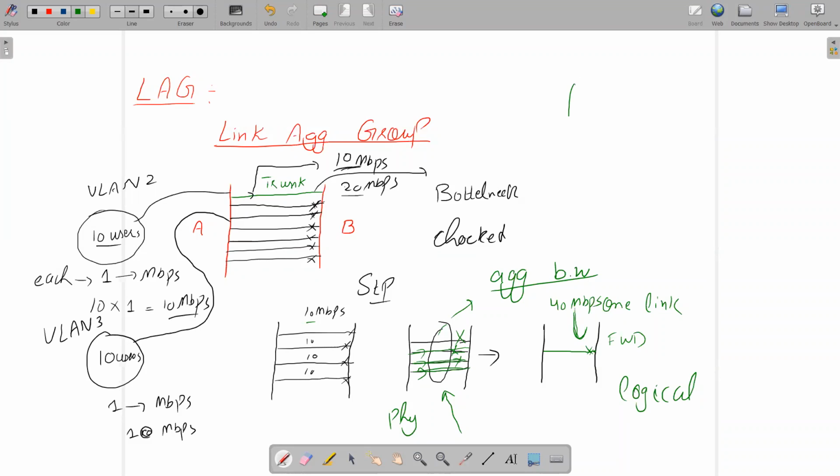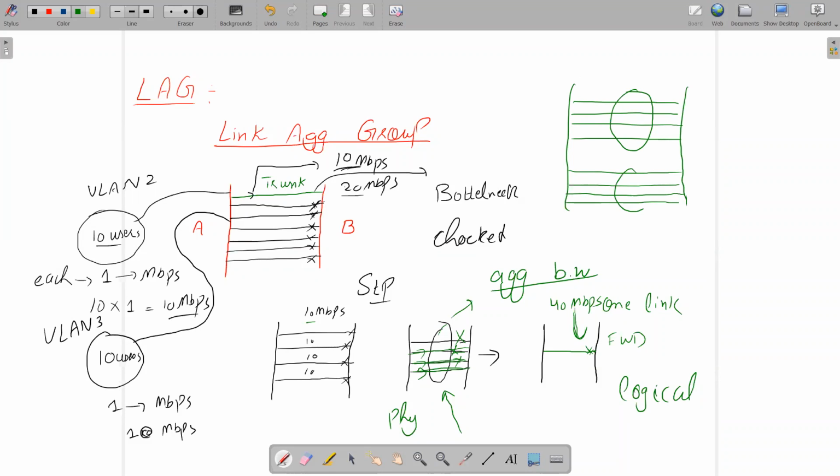So what we need to do, normally what we do, we create 2 bundles. The first bundle and the second bundle. And STP sees only two logical interfaces.